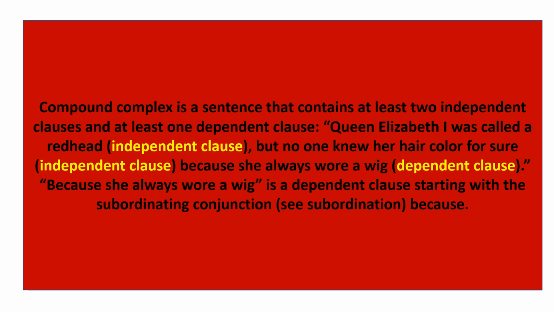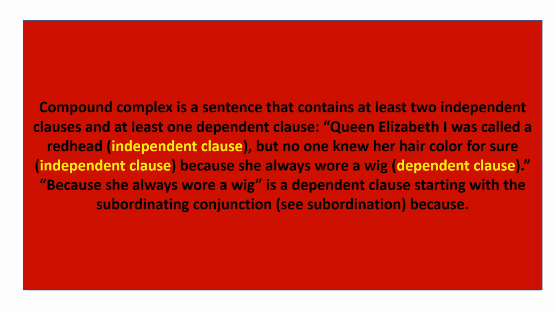This is independent clause number one. But no one knew her hair color for sure. That is another independent clause. Because she always wore a wig. That is our dependent clause. So this is how a compound complex sentence is made.